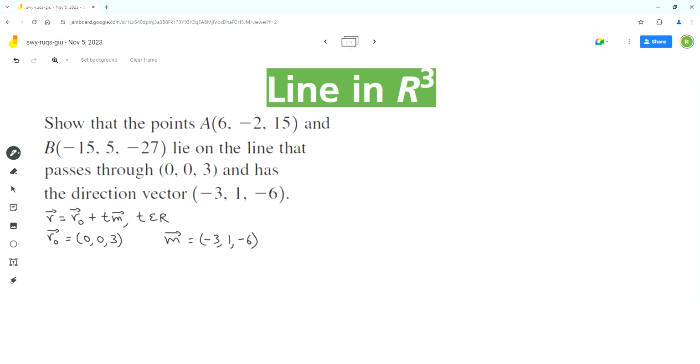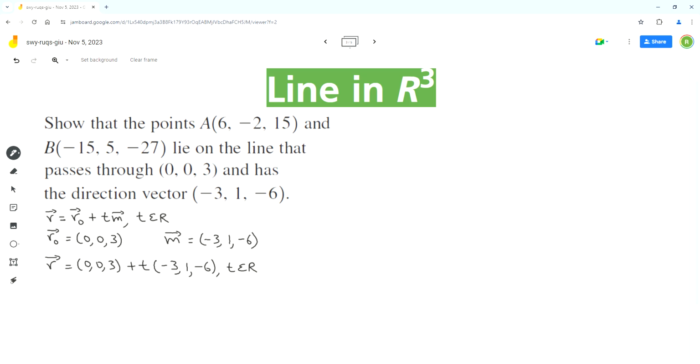Now we can sub in these vectors in the general equation. So this is the vector equation of the line.